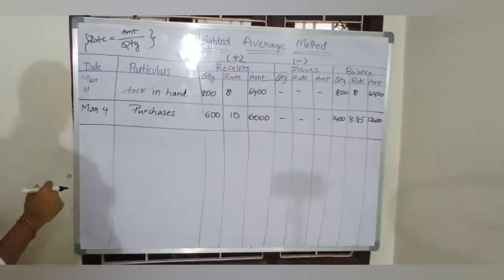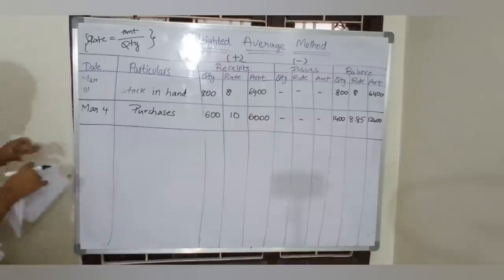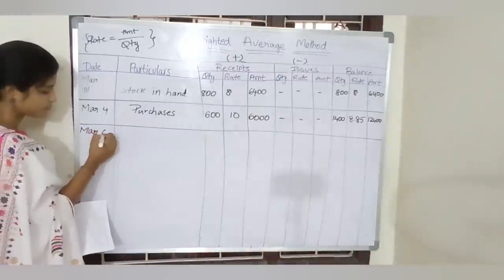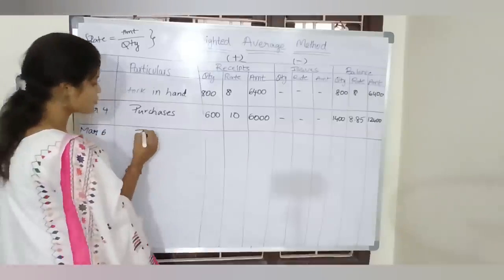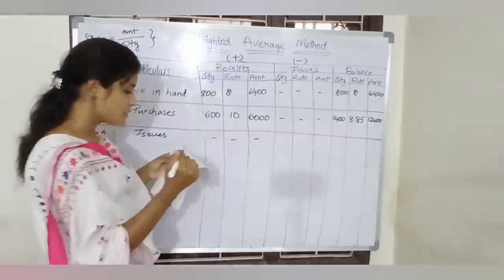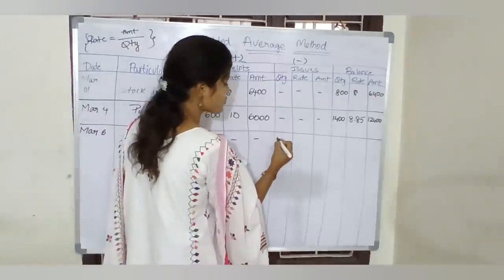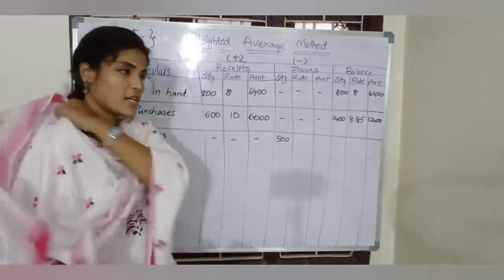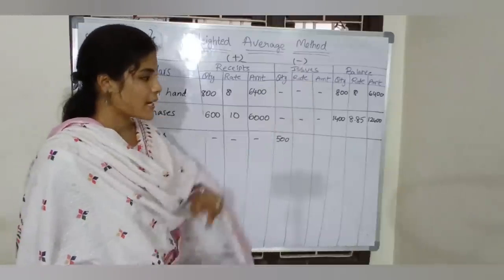Okay students, after March 4th, what have they given? March 6th. On March 6th we are having issues. They have said 500 units are issued. Which method are we using? The weighted average method. Issues means minus.